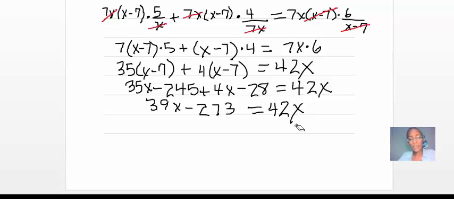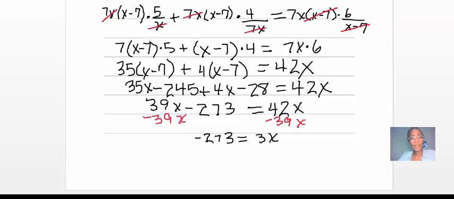Let's subtract 39x from both sides. So we have just a number on one side of the equals, and a single x term on the other side of the equals. So negative 273 equals 3x.